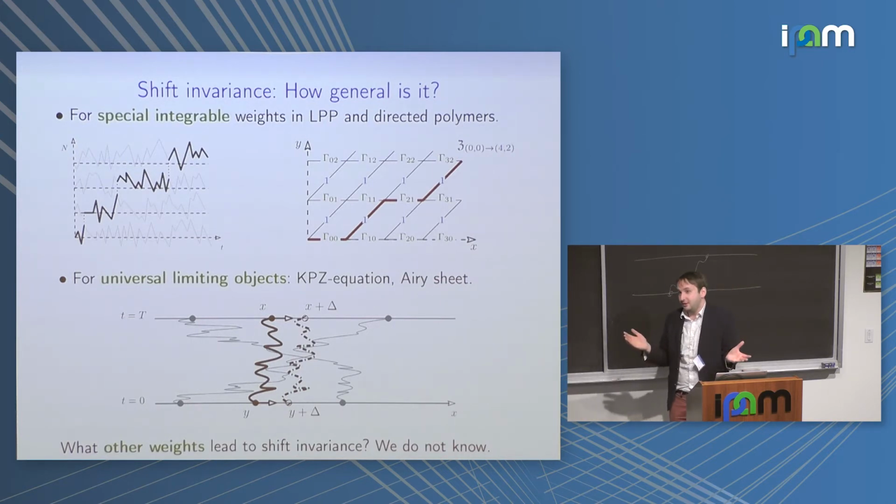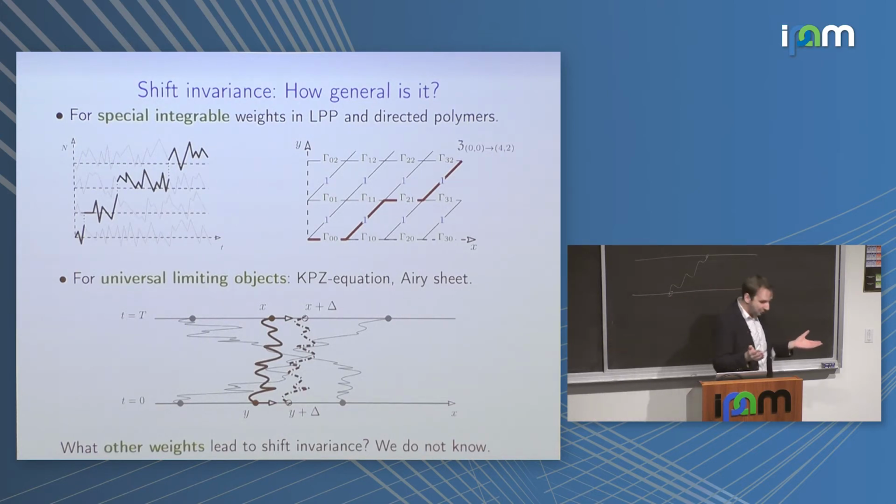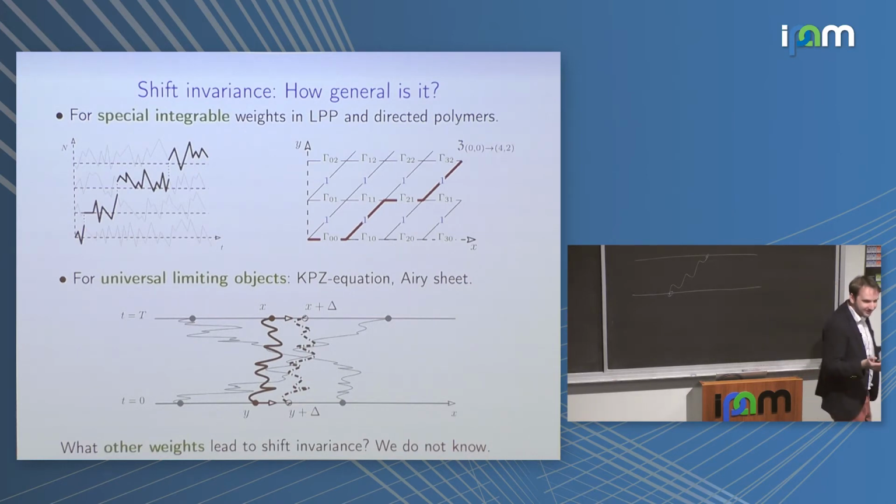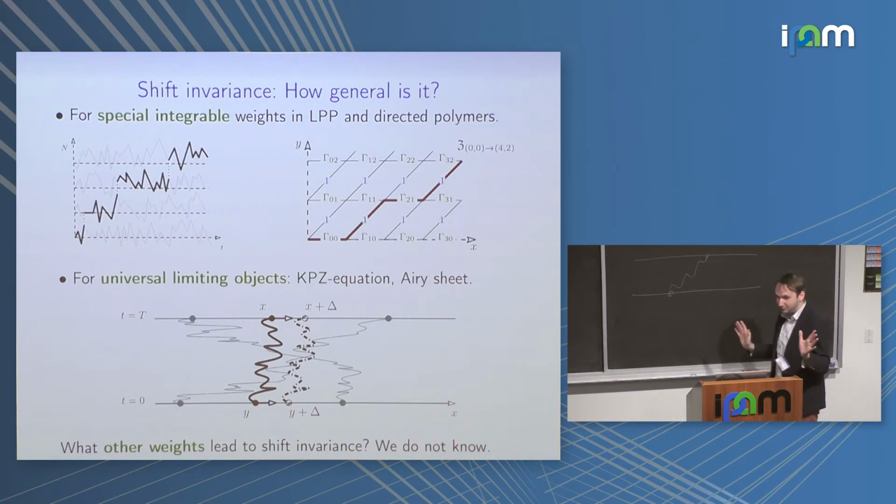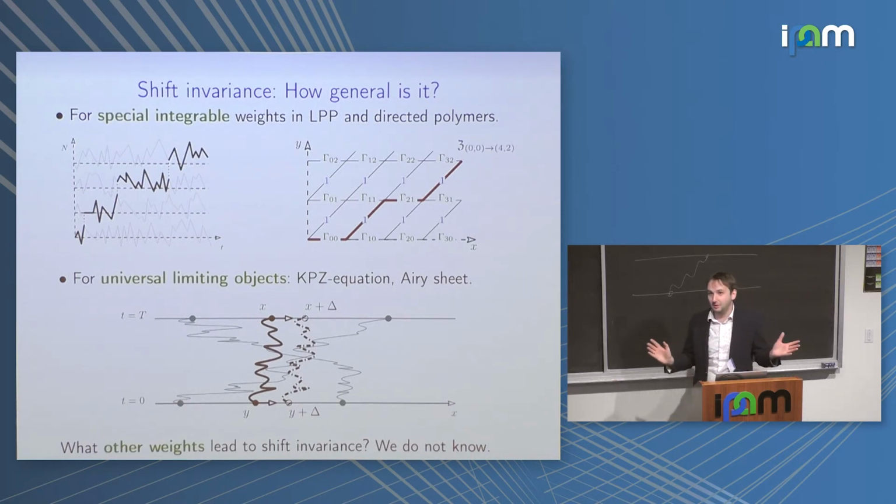Now, the question you might be asking is, for what other weights is it true, and for what other weights does it fail? Unfortunately, at this point, we don't know. All we know is that there are examples where it holds, and there are examples where it does not hold. So, if we don't know anything, what do we need from the weights to do this, and how do we even approach the question?